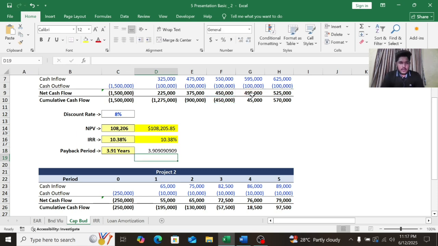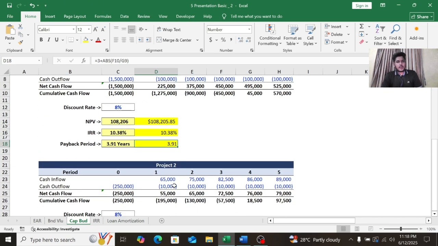If we click enter, we get the result, 3.90. If we want to reduce the decimals to 2, it's 3.91 years that we need to get our total investment back.